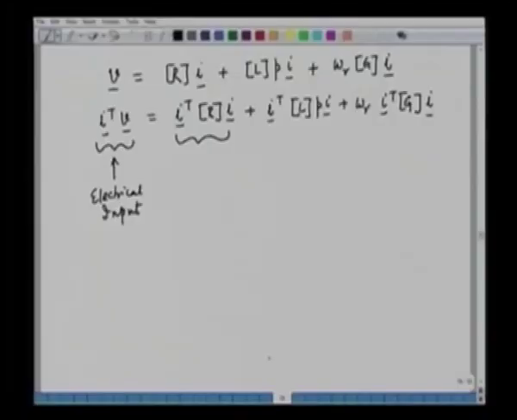We know that the Kron primitive machine model has 4 windings: one winding in the D axis stator, one winding in the D axis rotor, one winding in the Q axis stator, and one winding in the Q axis rotor. And i transpose R i represents the system losses, the i square R loss of the machine.